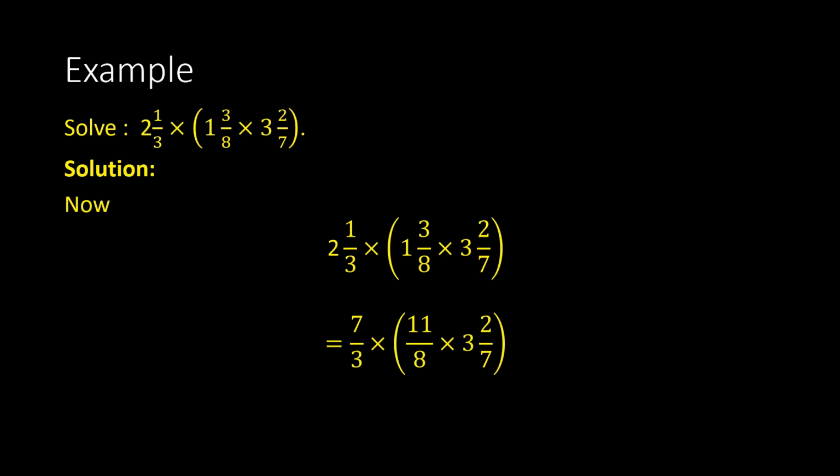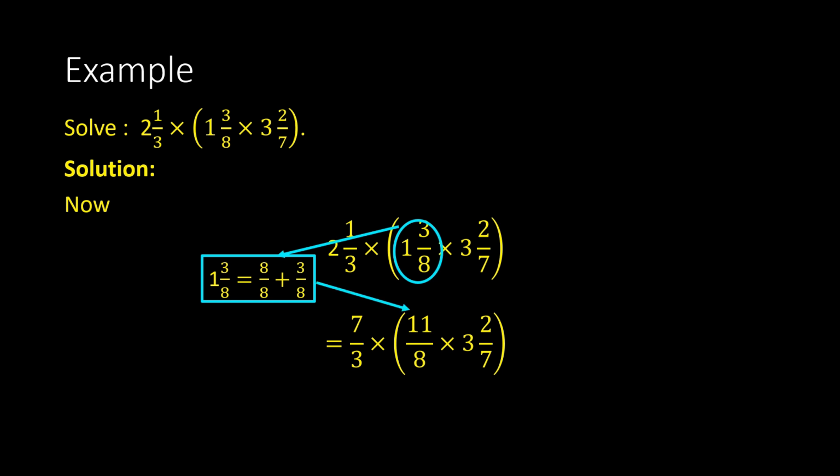Similarly, let's convert 1 and 3/8 to top-heavy or improper fractions. One whole is represented by 8 over 8, and 3/8, of course, is just 3/8. Add these together to give 11 over 8.